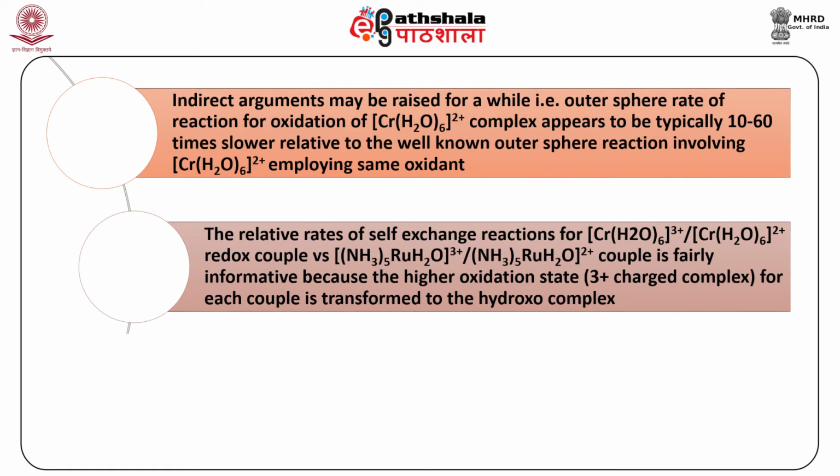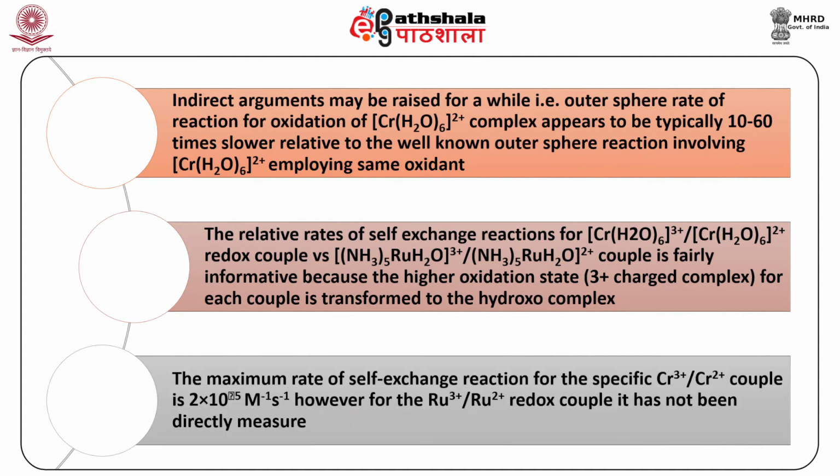This couple is fairly informative because the higher oxidation state, that is the +3 charge of the complex, is transferred and it is formed by the hydroxo complex. Why hydroxo complex? Because a ruthenium aqua group is attached and it can go for hydroxo formation. So the maximum rate for self exchange reaction for the chromium 3, chromium 2 couple is 2 × 10^-5.